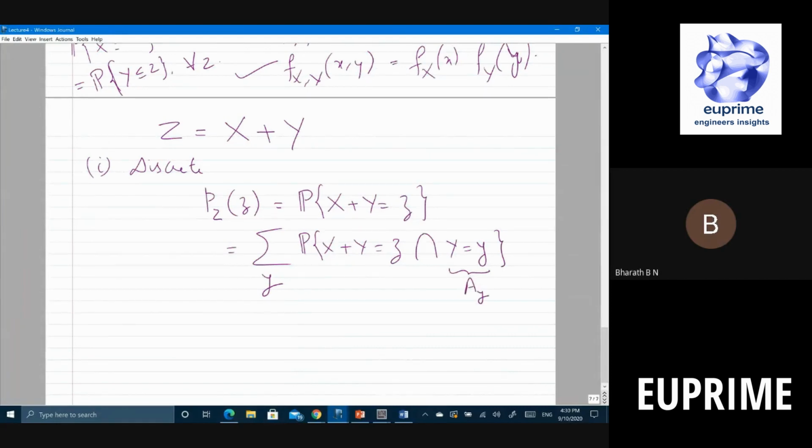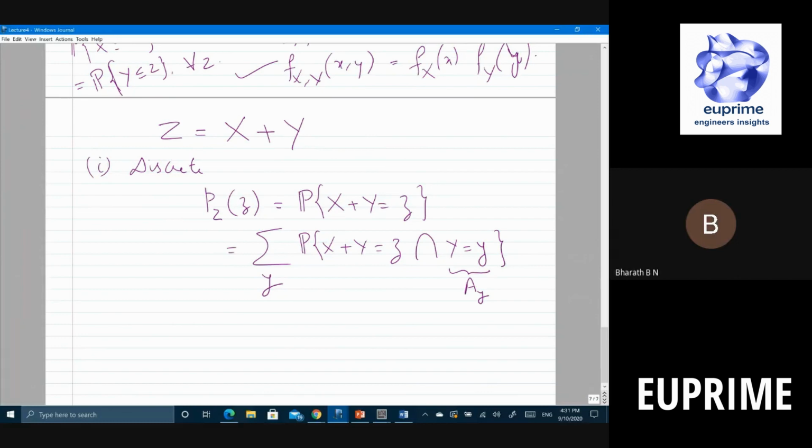This is a set, right? All those outcomes which got mapped to a number y. So what can you say about the set AY for different y's? Disjoint. Okay, disjoint. What else?